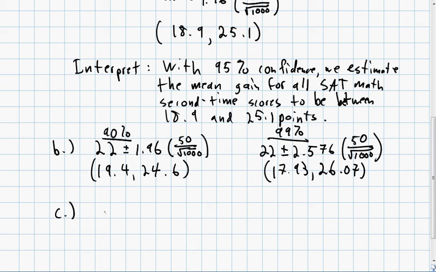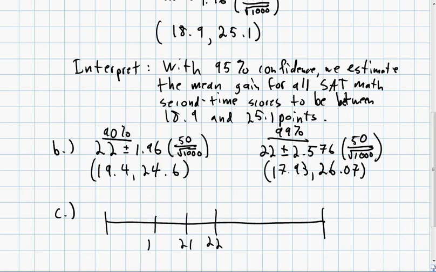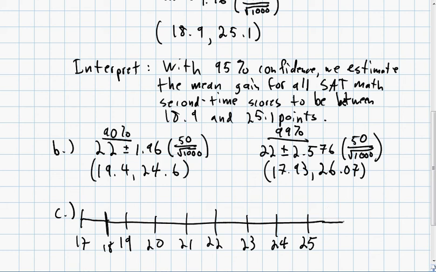So when we do this, I have my number line here, and 22, and then we've got 21, 20, 19, 18, 17, and going up, 23, 24, 25, and then I need to extend this to 26 and 27.